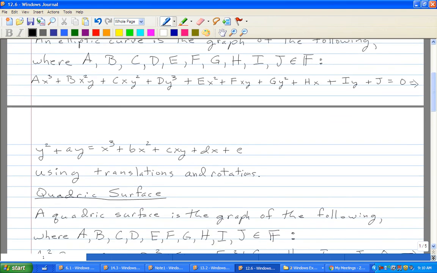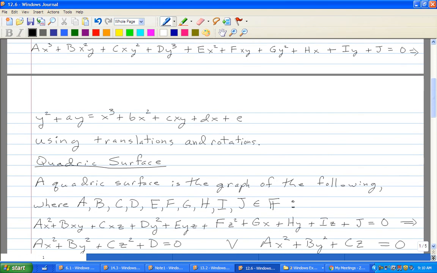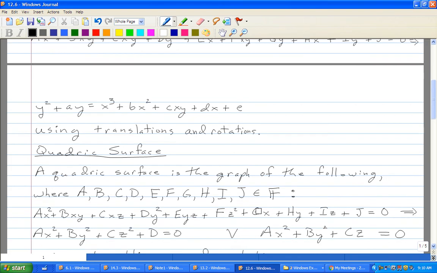A quadric surface is the graph of the following, where A, B, C, D, E, F, G, H, I, J are members of some field. Ax squared plus bxy plus cxz plus dy squared plus eyz plus fz squared plus gx plus hy plus iz plus j equals 0.